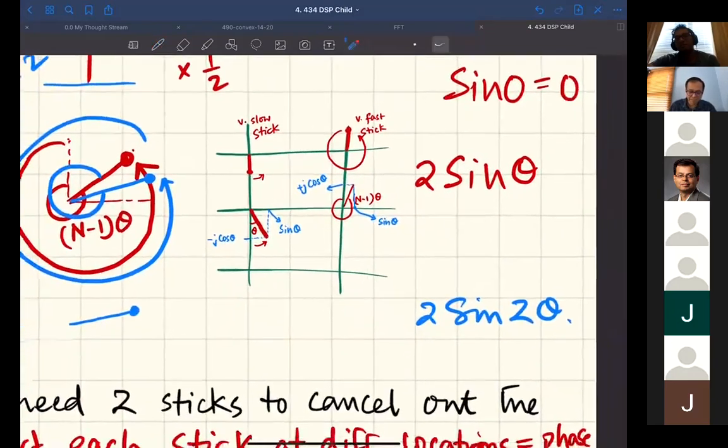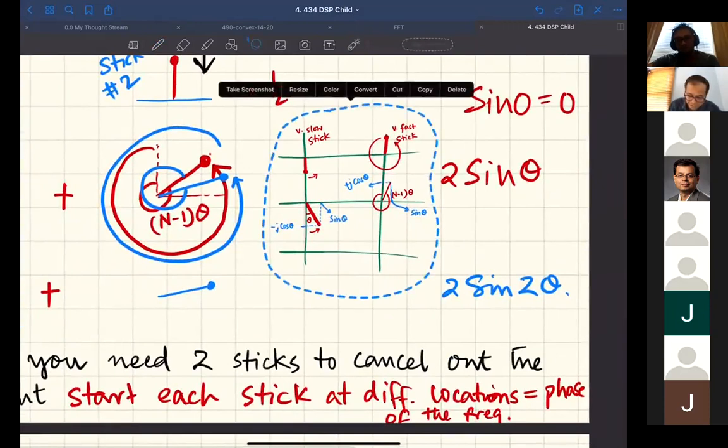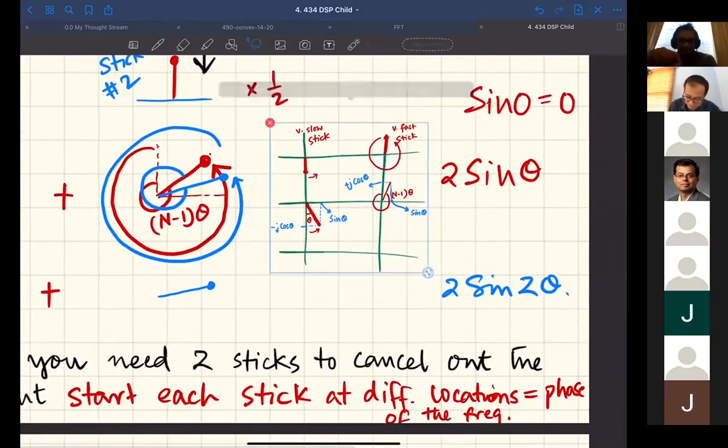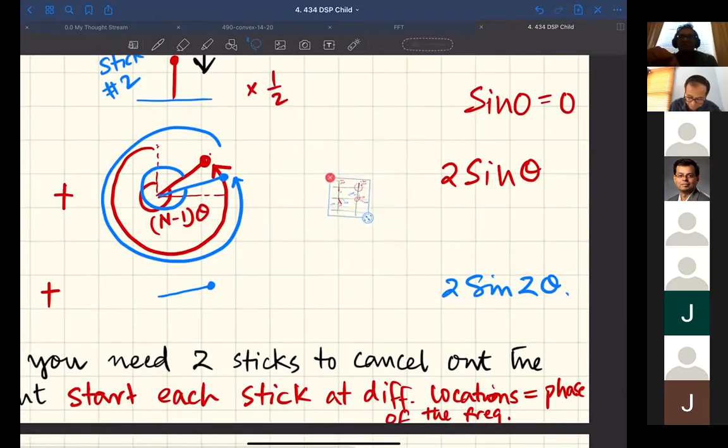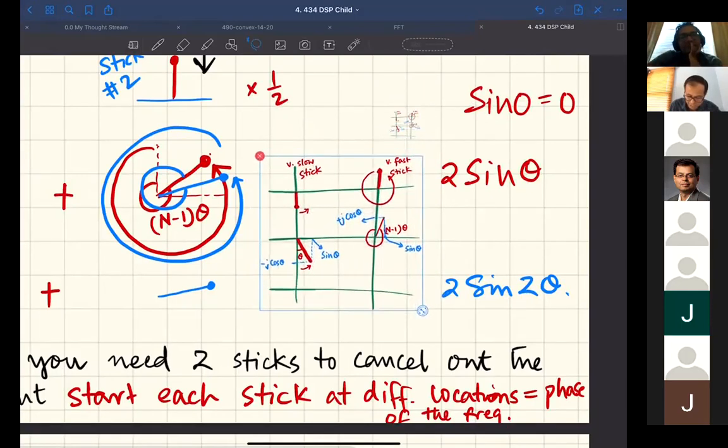Let me keep this figure, make it really small because Utkarsh would like to have this figure. And now let's copy this figure and now zoom into it.